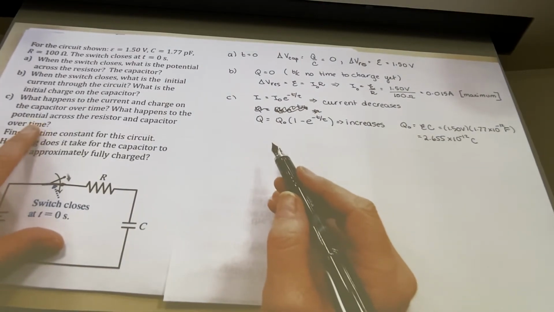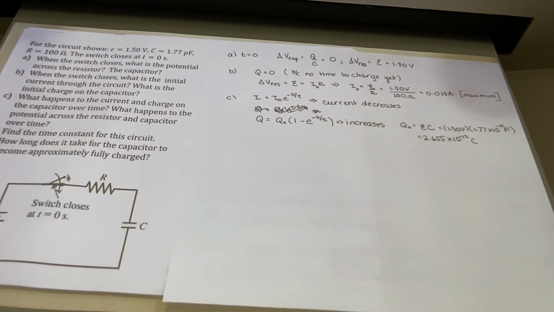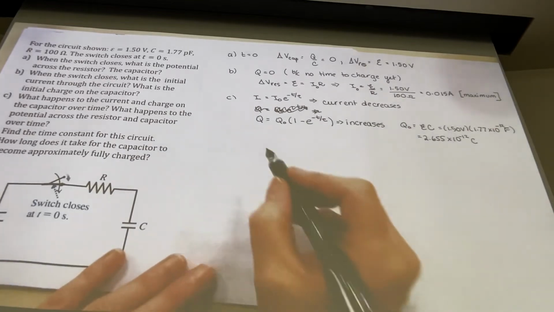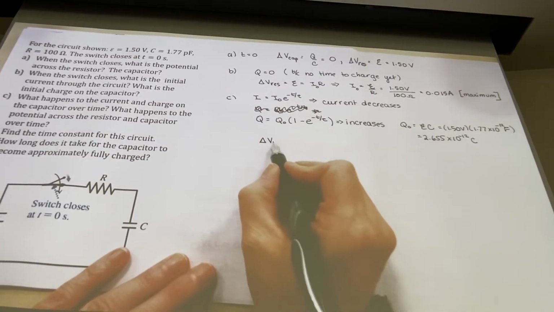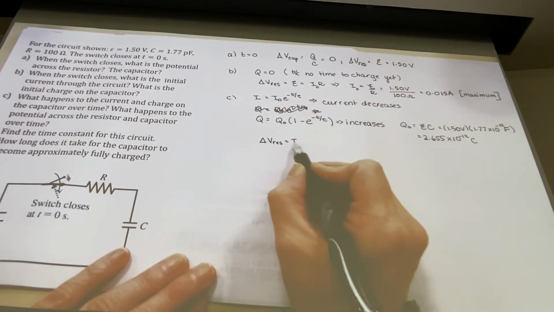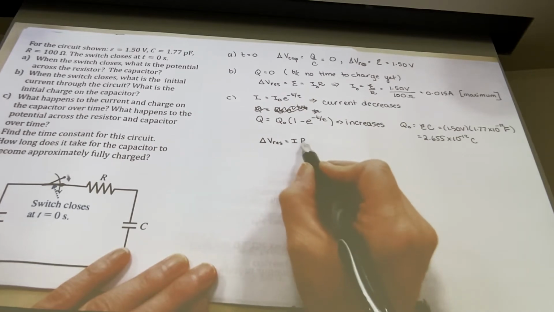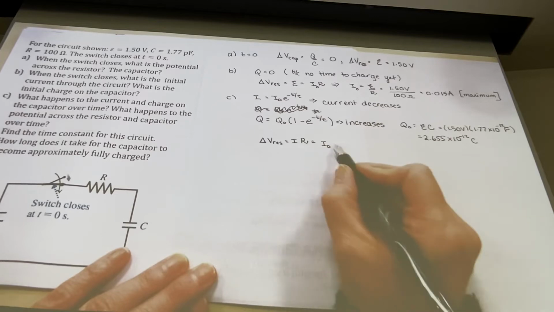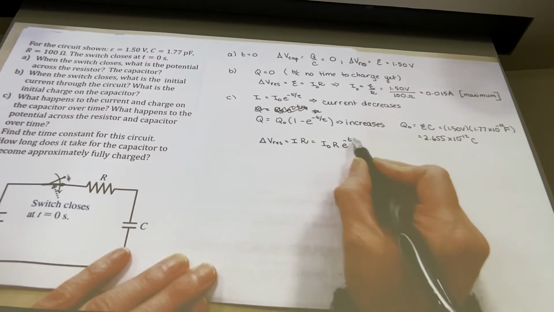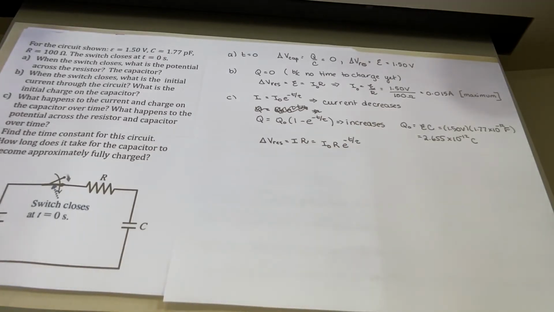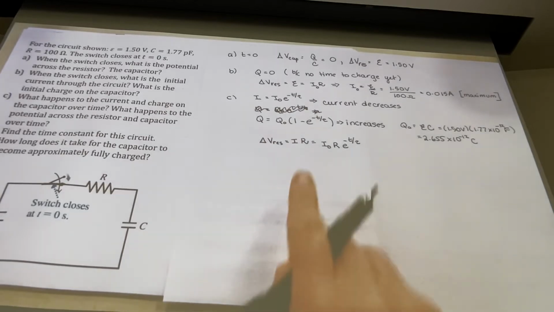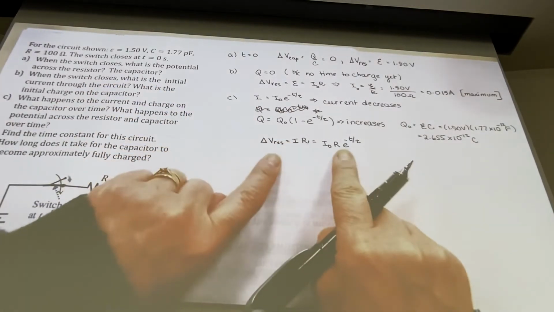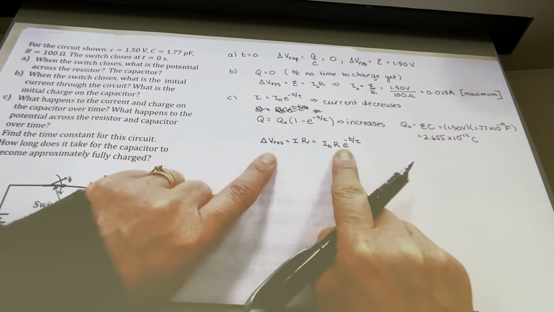What happens to the potential across the resistor and the capacitor over time? So let's look at what happens there. Delta V across the resistor is current times resistance. Our expression for current we have up here, I0 times R e to the minus t over tau. I just put in my equation for I to give me an equation for the potential across the resistor.